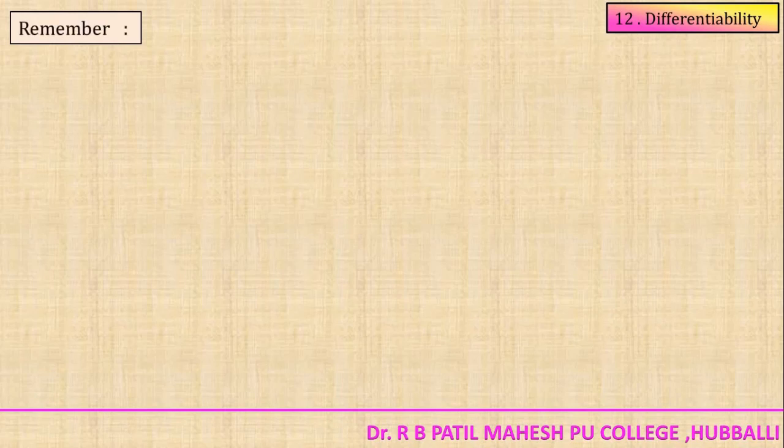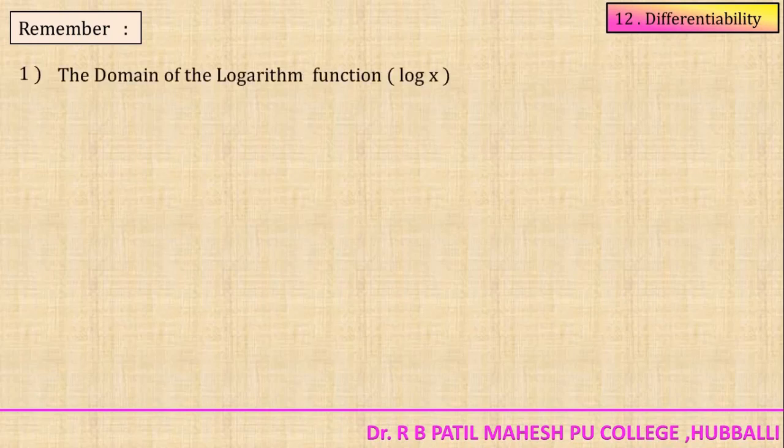Next, remember some points, like what is the domain of this function and what is the range. The domain of the logarithmic function is R plus, the set of all positive real numbers. That means in the log x function we cannot take negative numbers, remember, and zero. Logarithm is not defined for them; only for positive numbers it is defined.